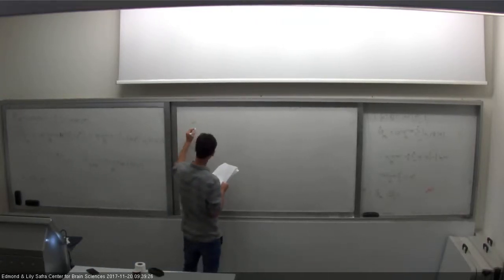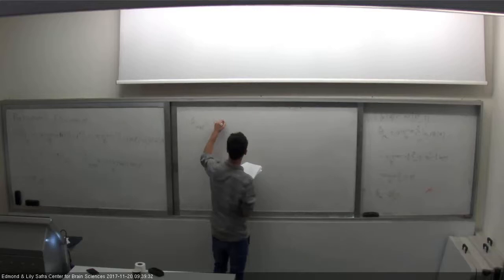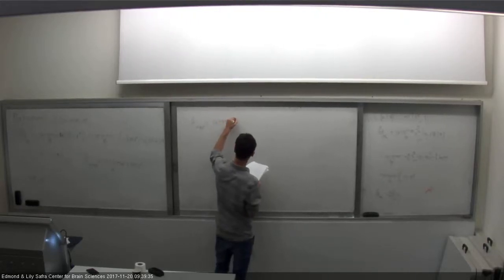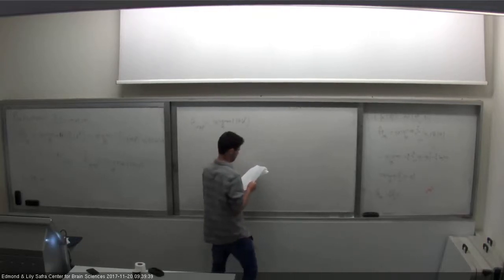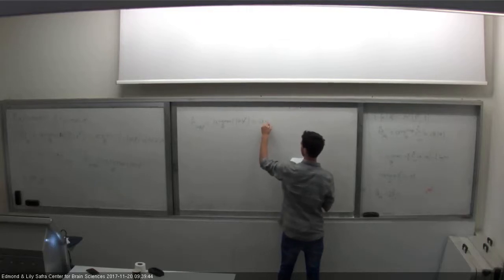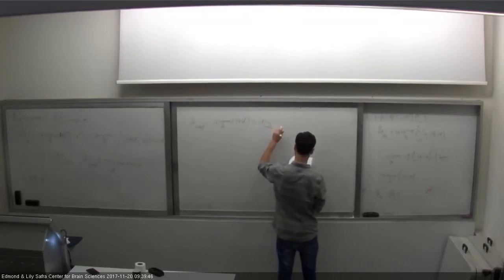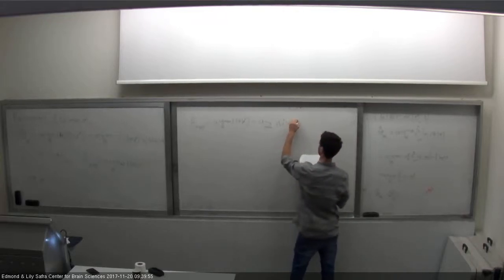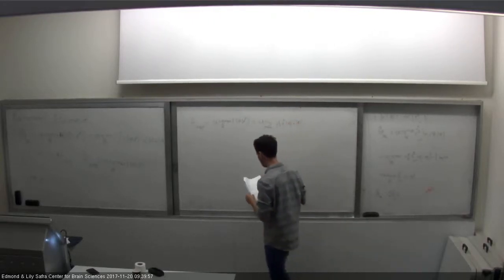The maximum posterior is equal to argmax of the posterior. Okay, and we know that this is equal to argmax of the likelihood times the prior.